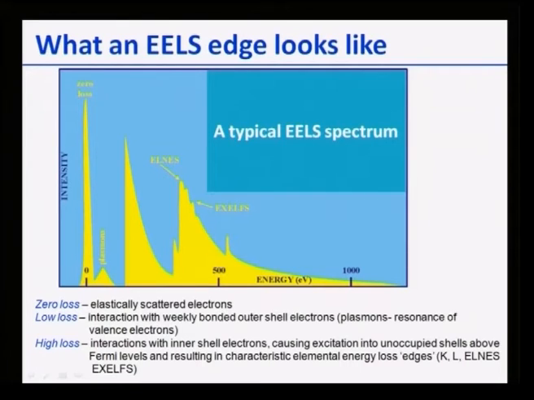This is followed by plasmons, which come in an energy range very close to the zero loss peak, and then there are characteristic elemental peaks, followed by other things known as ELNES and EXELFS. They are energy loss near edge structures and extended energy loss fine structures, which we will discuss now.